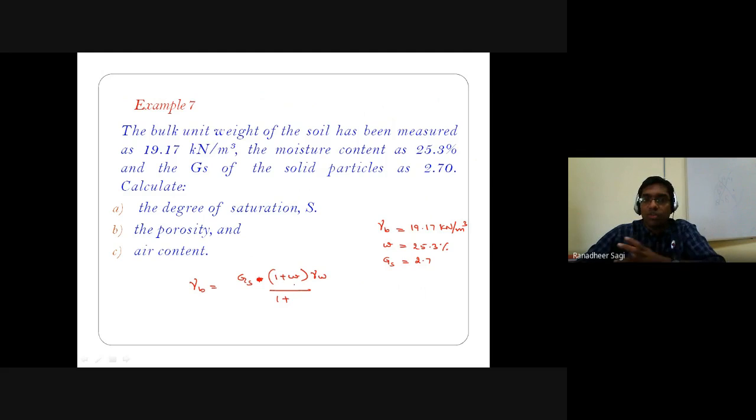The void ratio is not known to us, so instead of writing it in terms of void ratio, I can write it directly in terms of w into GS by S.